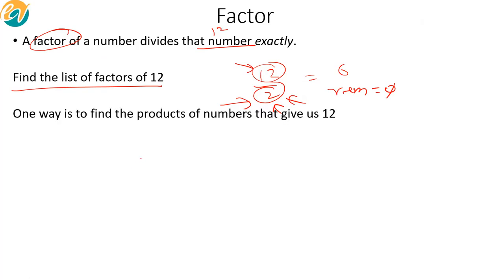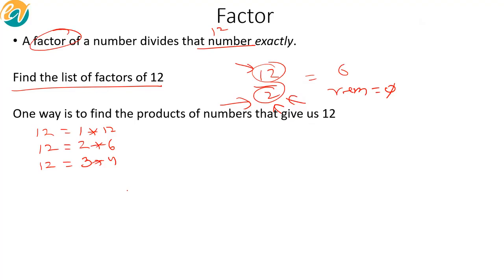One way is to find the products of numbers that give us 12, right? For example, 12 is obviously 1 into 12. 12 is also equal to 2 into 6. 12 is also equal to 3 into 4.